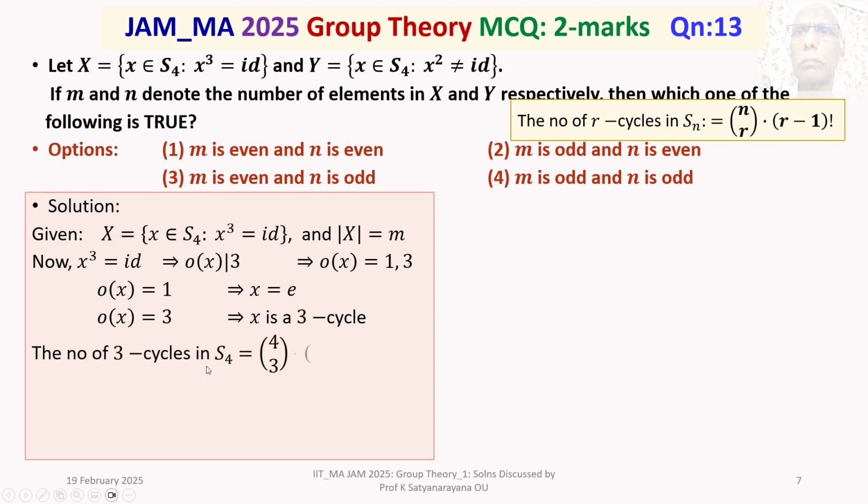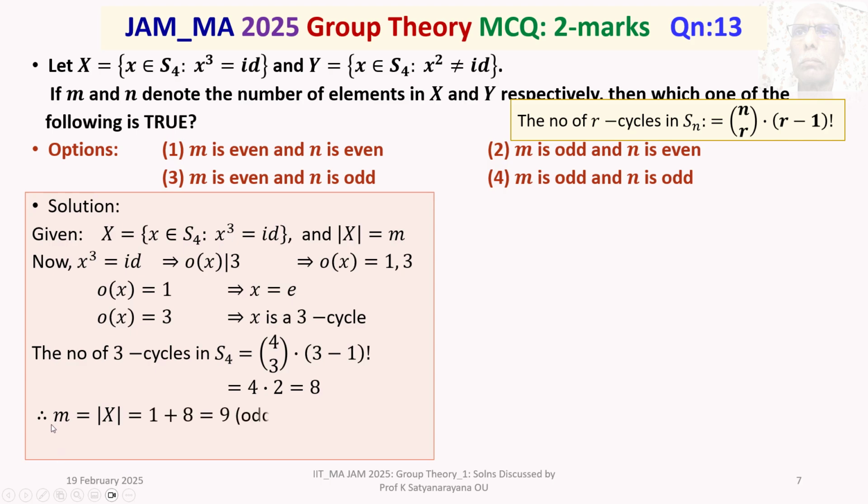The number of 3 cycles in S4 is 4C3 into (3 minus 1) factorial, and when you compute, it is 8. And while we are studying S4, our teachers will tell us to write all the 24 elements of S4, and how many elements are there of order 2, of order 3, of order 4, and so on. They teach us, and that will be helpful.